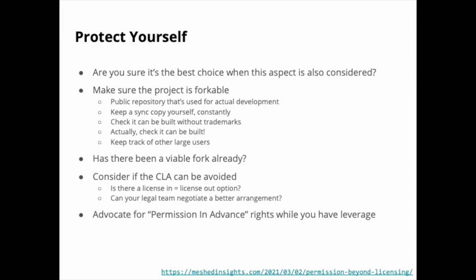In the end, it's up to you to advocate for permission in advance whenever you are at public conferences related to your software, whenever you're talking to the developers. And I've written a blog post for you that's on the screen here that explains what I mean by permission in advance.